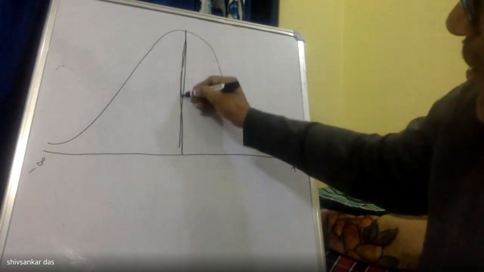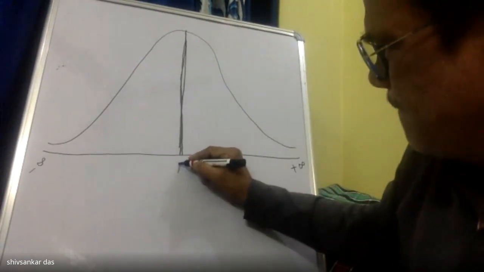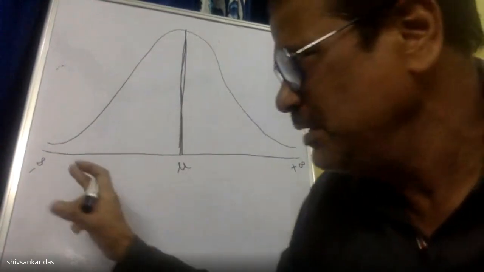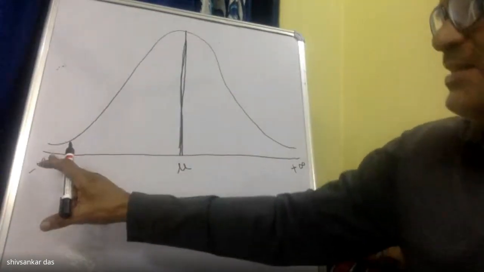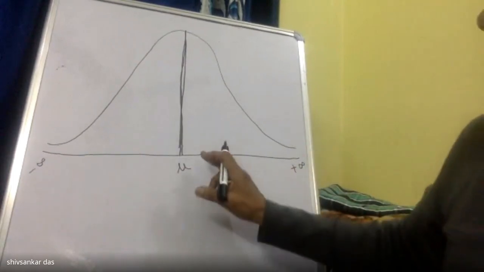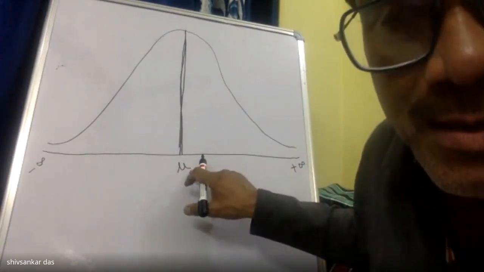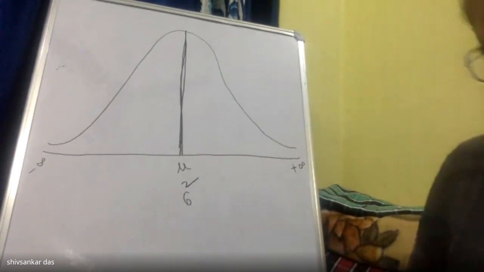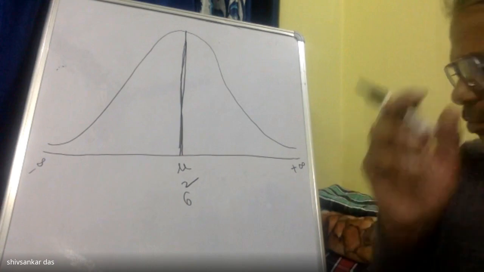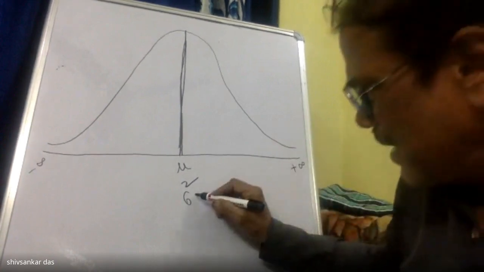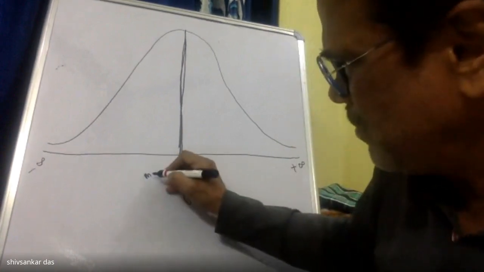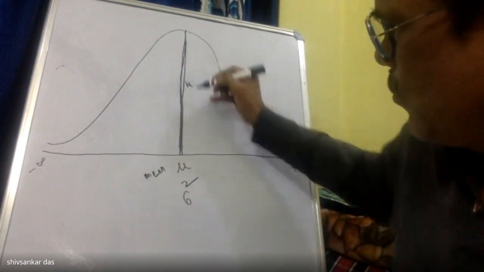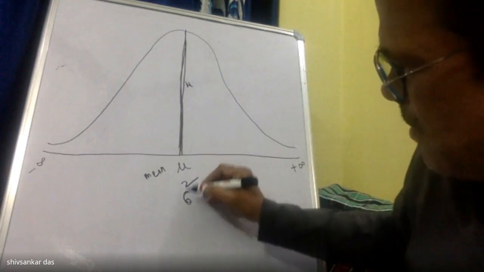This is the mean. A population, a very big population. The population strength ranges from minus infinity to plus infinity, having the mean mu and variance sigma square. This is mean mu, variance sigma square.